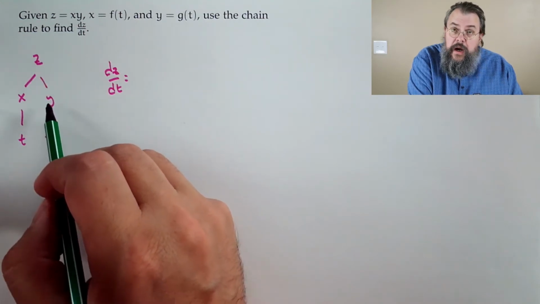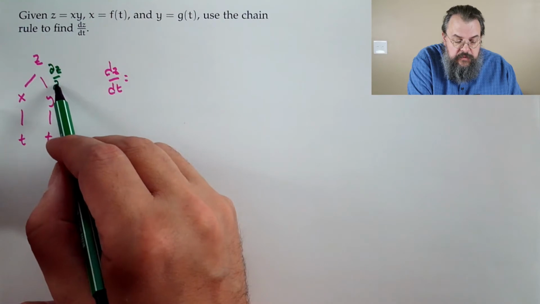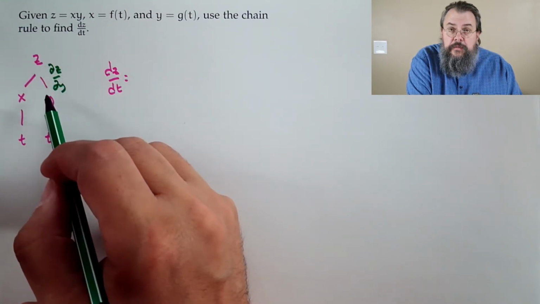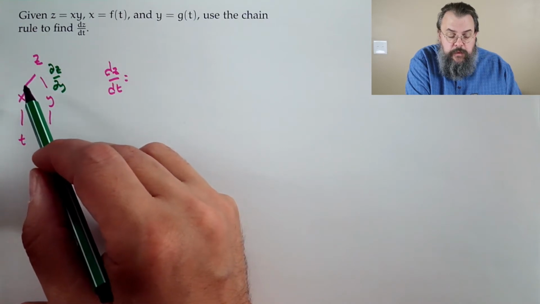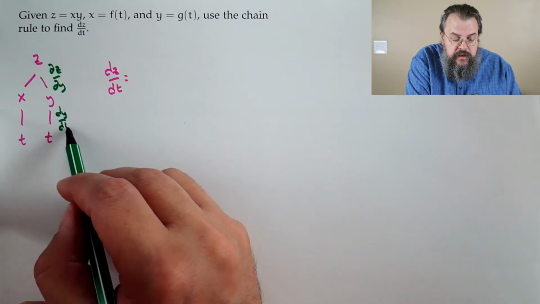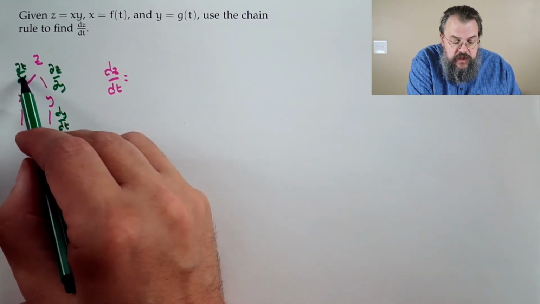So z depends on y. So this edge would correspond to partial z, partial y. And the reason it's partial is there's multi-branches. In other words, this is a function of more than one variable. Then there's a dy dt. Over here, partial z, partial x.